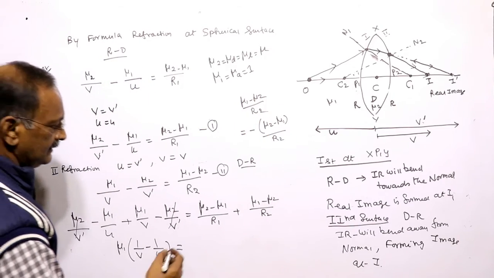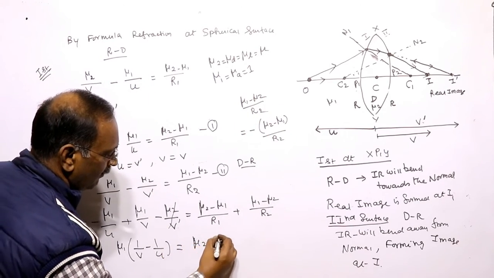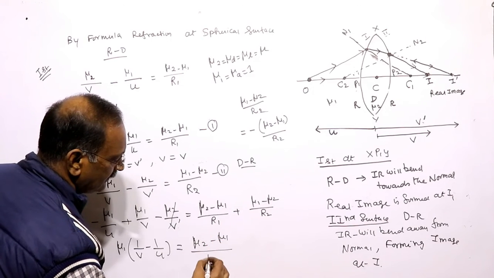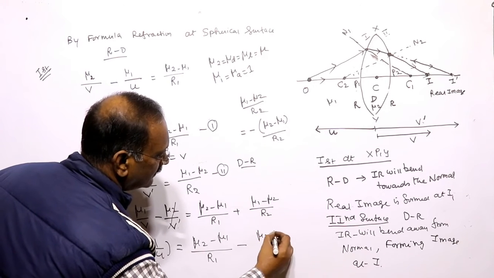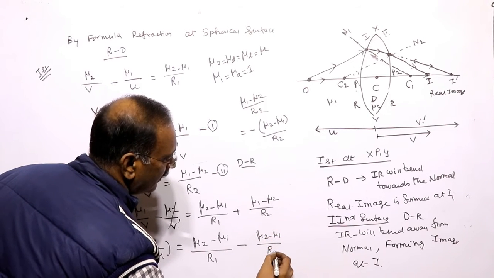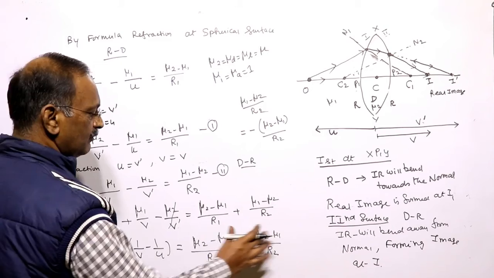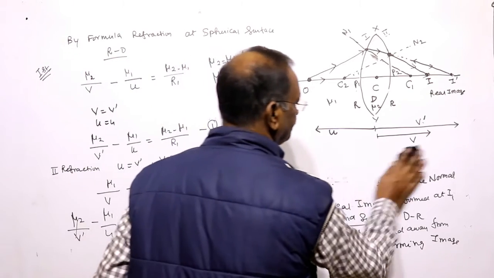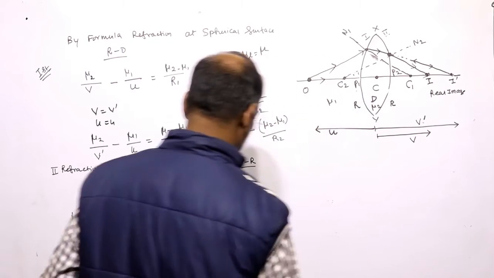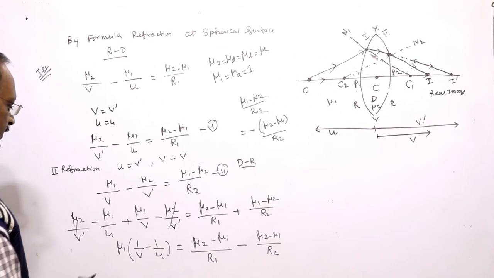So this we can write mu2 minus mu1 by R1 minus mu2 minus mu1 by R2, because we want to make both the terms the same.